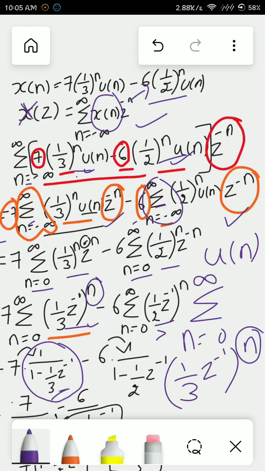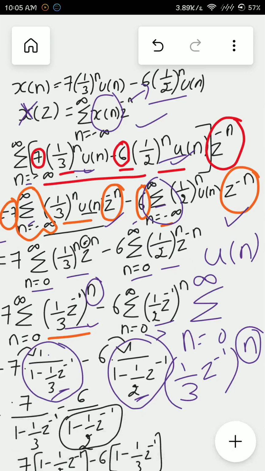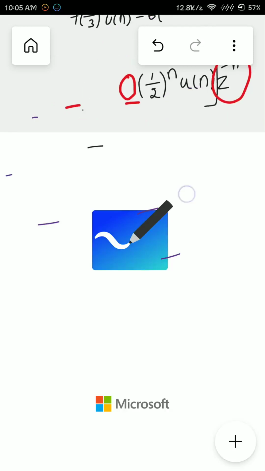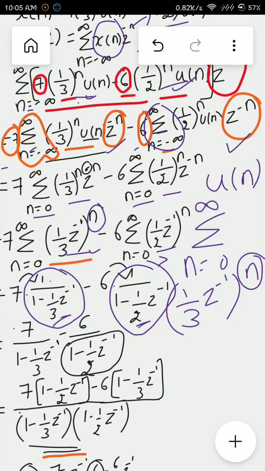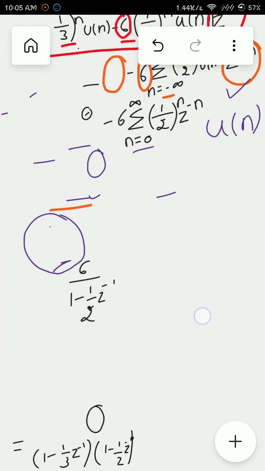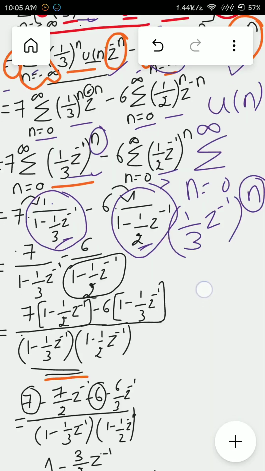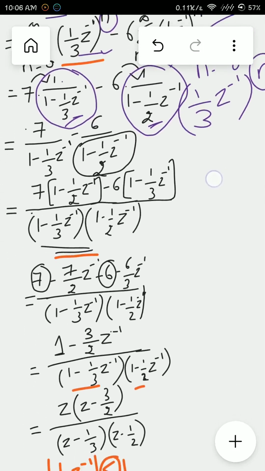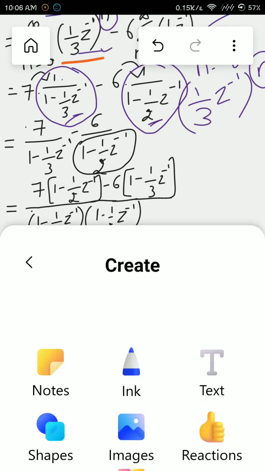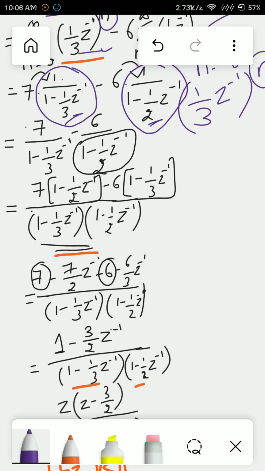My alpha was this, so I substituted alpha over here, and I did the same for this one also. Then I multiplied 7 and 6 over here, wherein I got 7 divided by 1 minus 1 by 3 z inverse, minus 6 divided by 1 minus 1 by 2 z inverse.